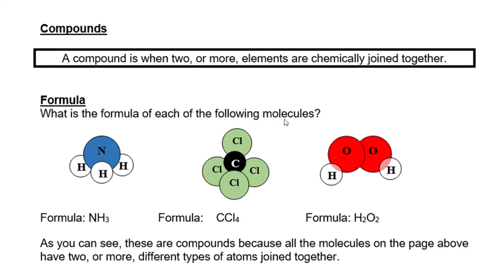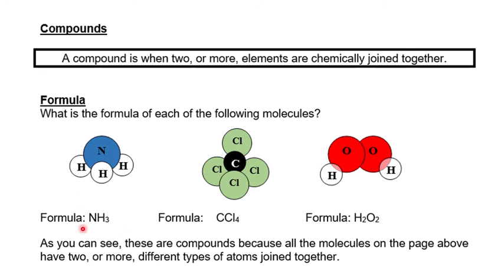Okay, so if it was just elements, we'd be very limited in the amount of substance we have in the world, and we know compounds exist. And a compound is when two or more elements are chemically joined together. So formulas represent the number and type of atoms joined together. So here are 3 examples of compounds, and these are ones that we'll quite often come across at GCSE.